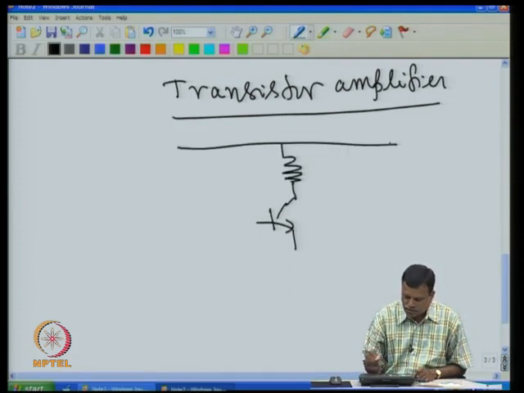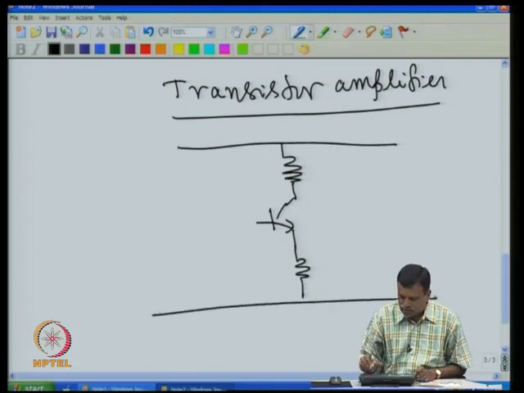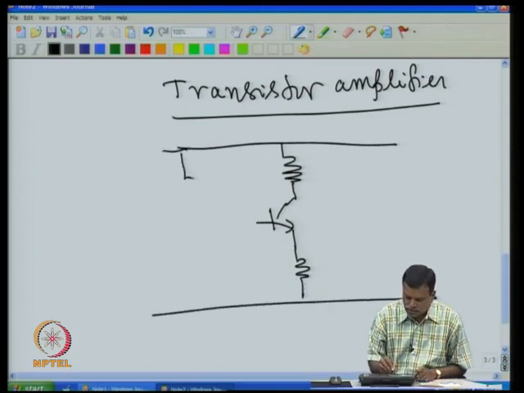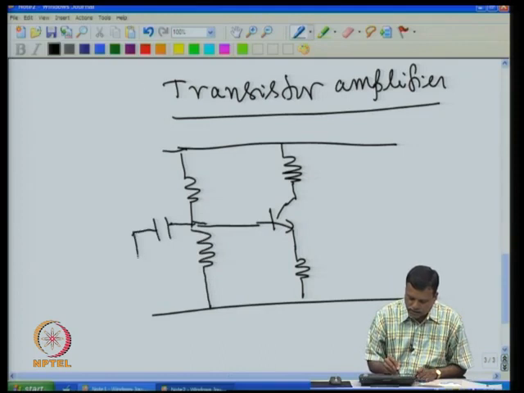You have a power supply here, and then you have one resistance connected at the ground side, then you have two biasing resistors, and that is connected to this one, and then to the input we connect the AC source.